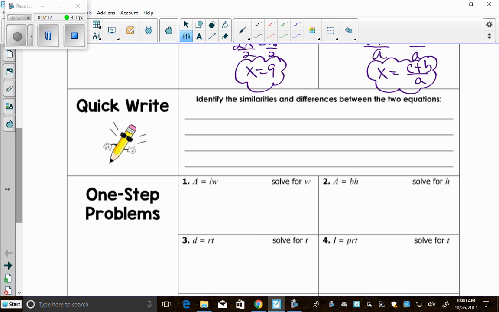Okay, identify the similarities and differences between the two equations. Well, something they have in common is both of those use your opposite operations to isolate.